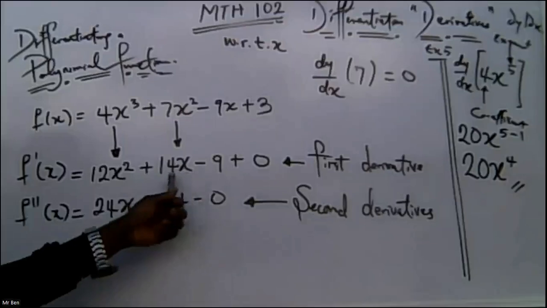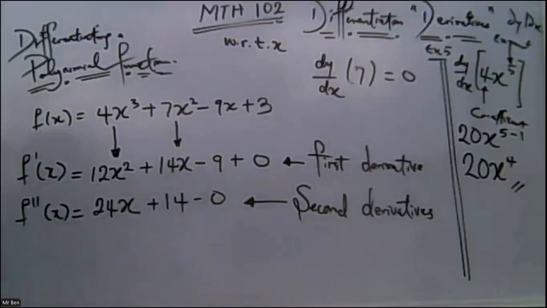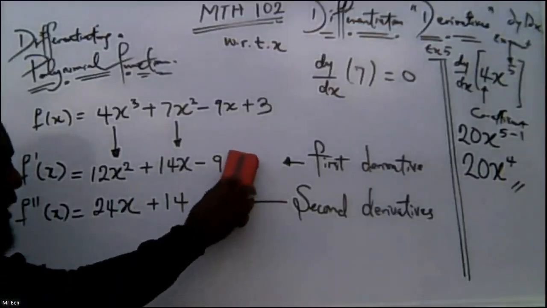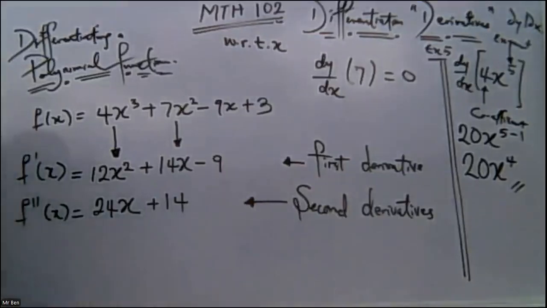Yes, the coefficient of x is 14. Yes, sir. So all these zeros, they are not necessary. They are insignificant. So you may not add them. You don't need to add them.